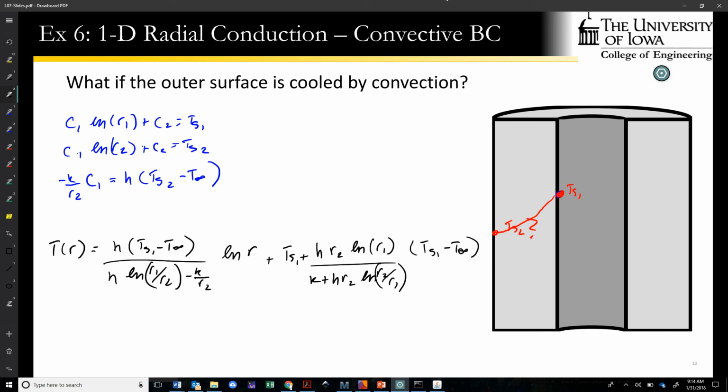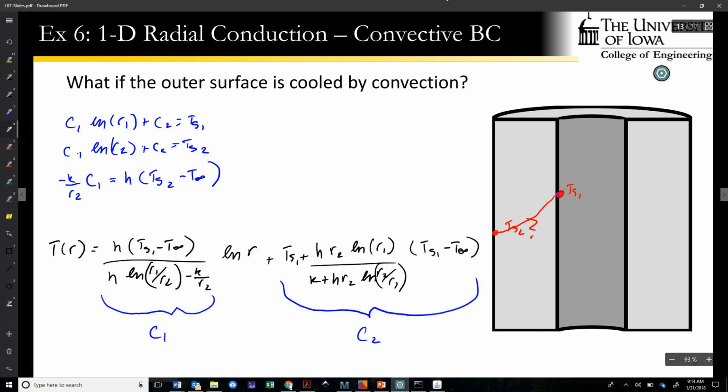Kind of a mess, right? But essentially what we've got here is C1, here's C2.